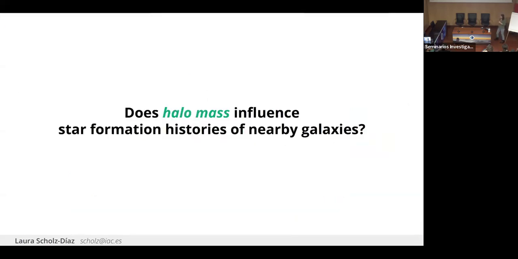Okay, and as I was telling you earlier, we can also derive with our method a star formation history. So the next step that we asked ourselves was if halo mass could also influence the star formation histories of the galaxies.